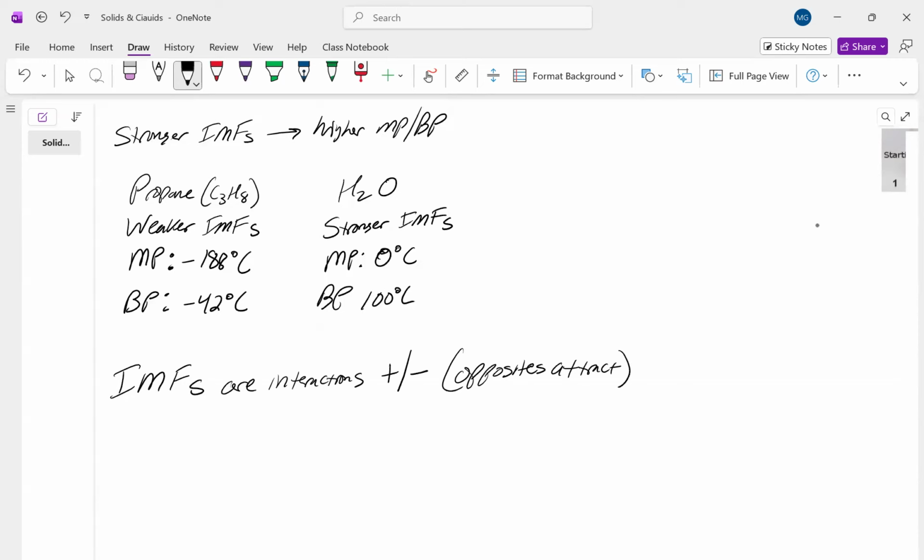They might not be a formal plus one and a minus one. They might be partial charges, not completely a full charge, and we use this little delta symbol: either partial positive or partial negative. In the coming videos, we're going to dive into these specific intermolecular forces.